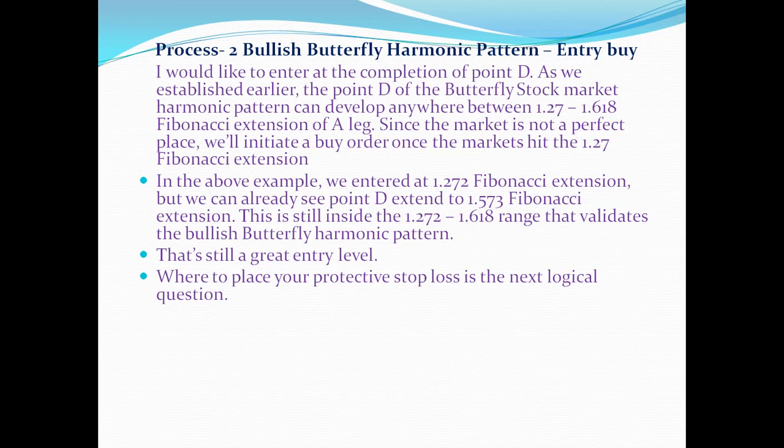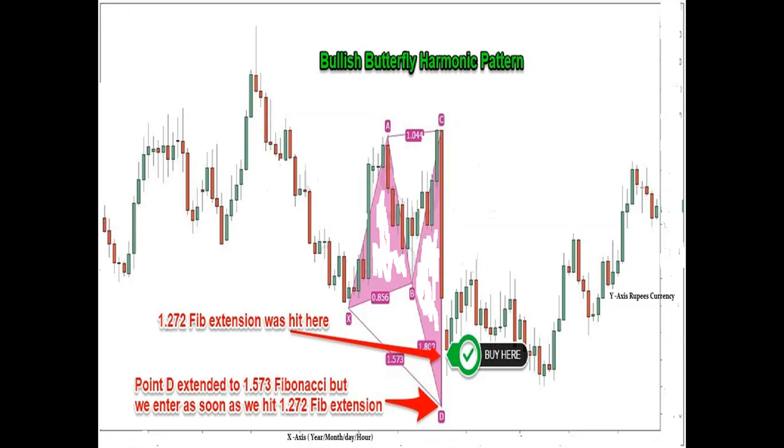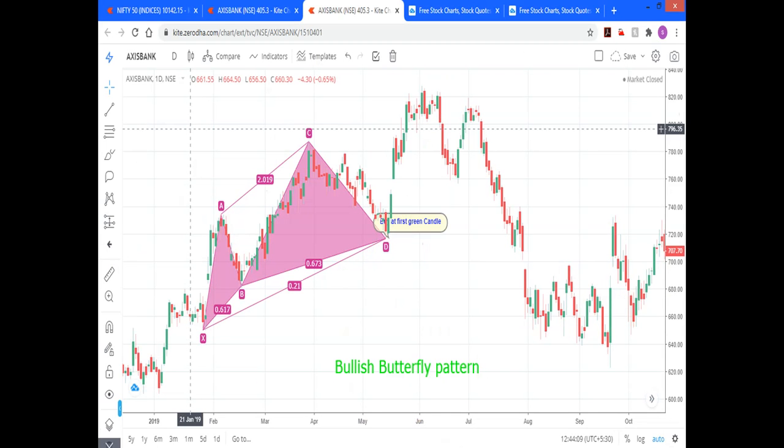So you can see where you have to place a stop loss. The bullish butterfly harmonic pattern 1.272 Fibonacci extension was hit at point D, extended to 1.573 Fibonacci, but we enter at 1.272. Once we confirm, you see this is the diagram. Again I have shown Axis Bank.